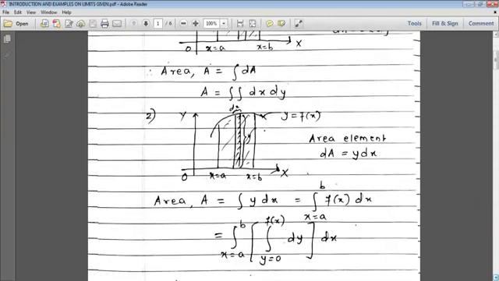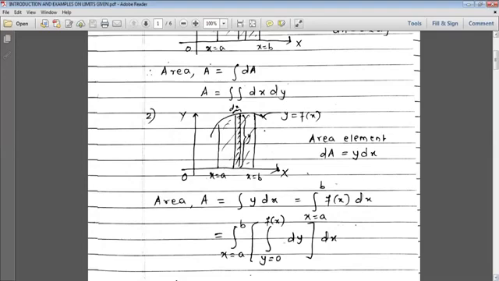Now consider the second example. Here you see an area under the curve y equal to f of x bounded by the straight lines x is equal to a, x is equal to b and the x-axis. Consider a vertical strip. This is a small rectangular strip which is representing the total area. So this area element dA is equal to y into dx. Y is the length of the strip and dx is the width of the strip.